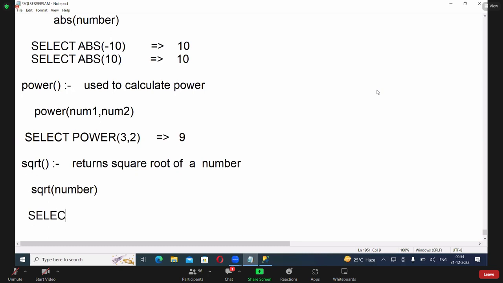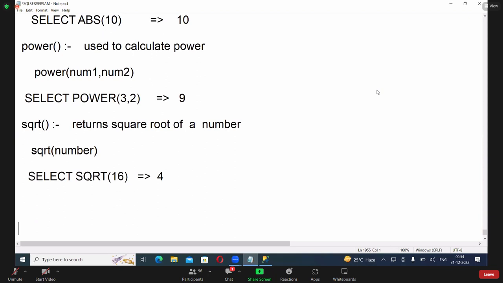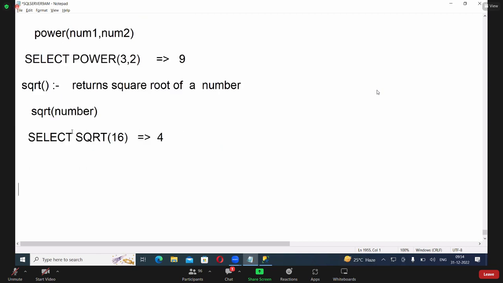Select square root of 16, then it returns 4. Square root of 16 returns 4.